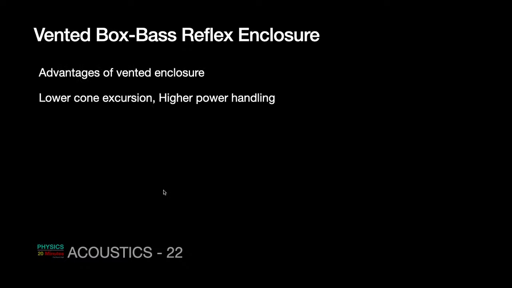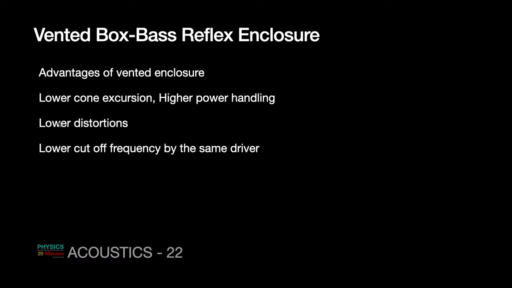So a vented box bass reflex enclosure has many advantages. The cone has to move smaller distances. Because of that, it can handle higher powers and has lower distortion. Remember, when I come to distortion, perhaps in the next class, I will talk about how larger cone excursions lead to larger distortions.